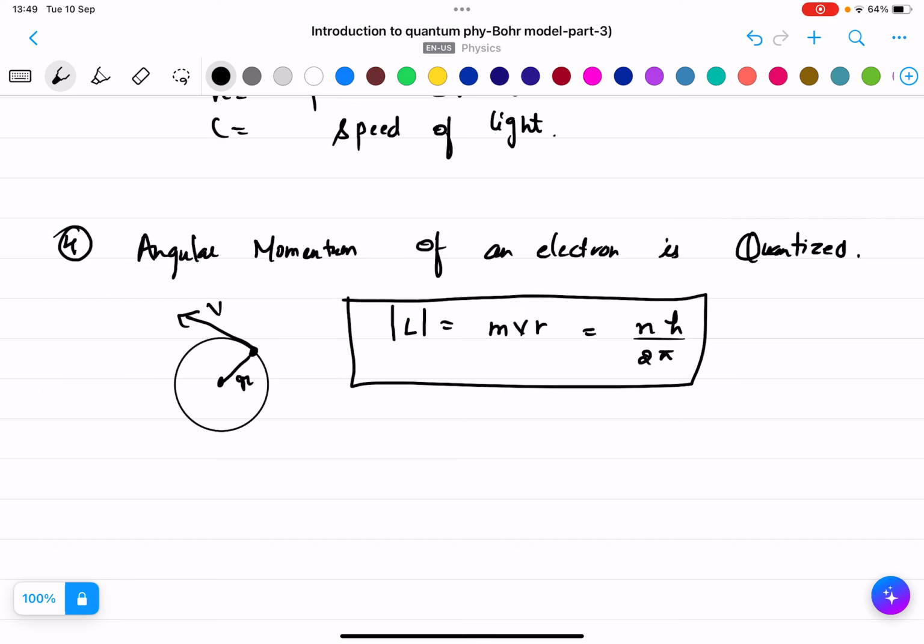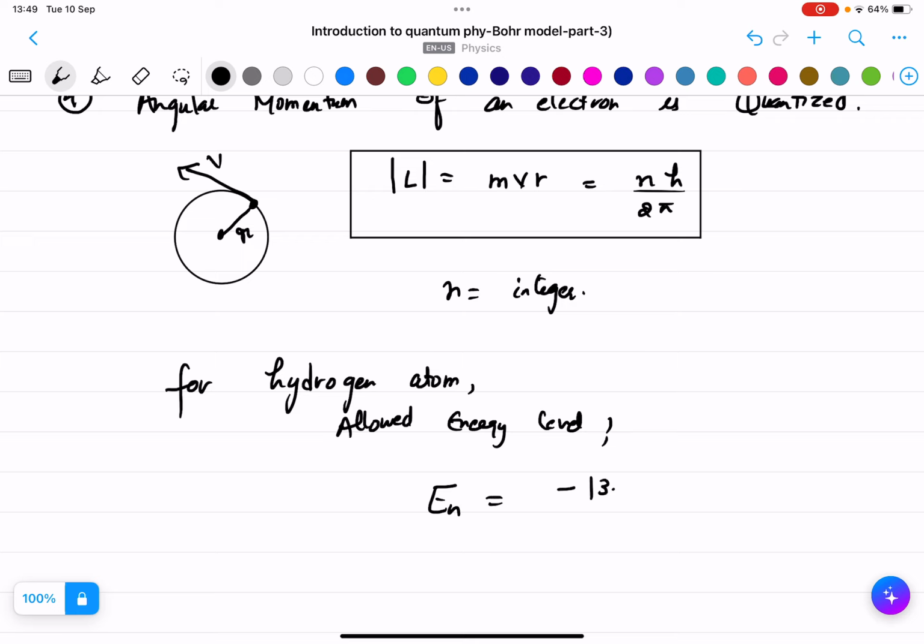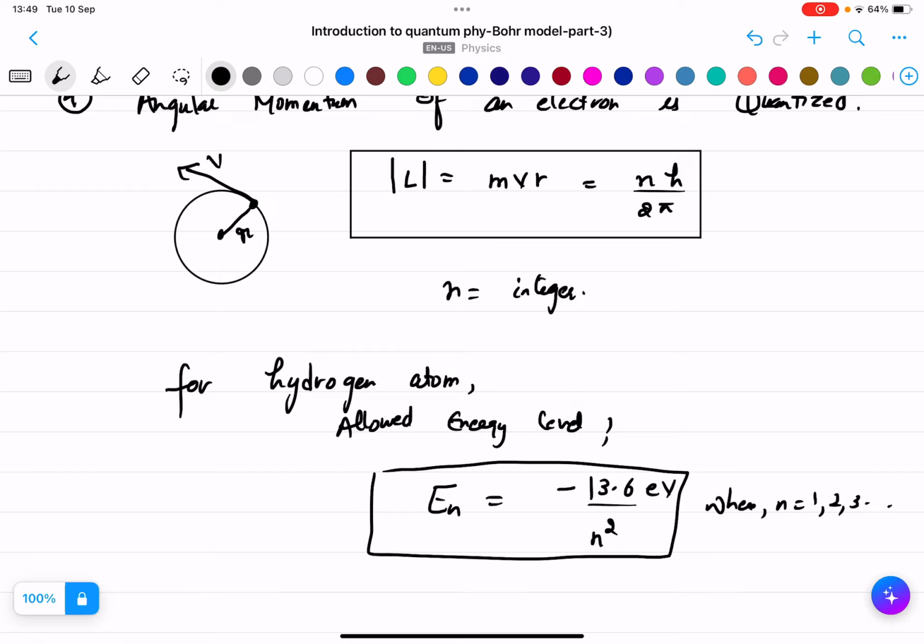You need to remember this. And always remember, the formula for allowed energy levels of the hydrogen atom is En equals minus 13.6 electron volts over n square, where n equals 1, 2, 3, any integer.